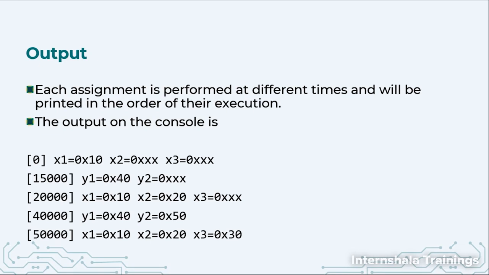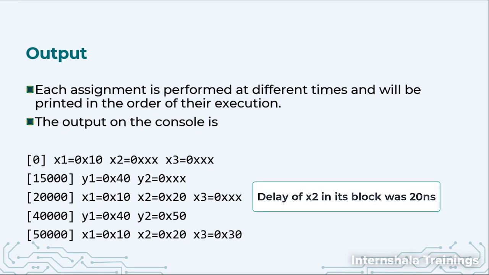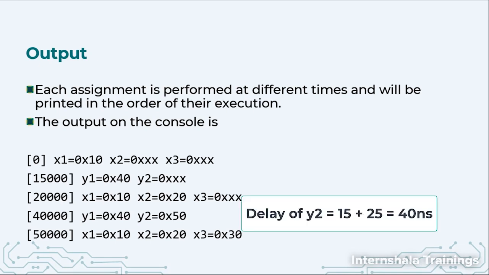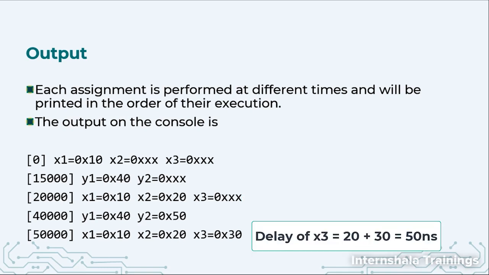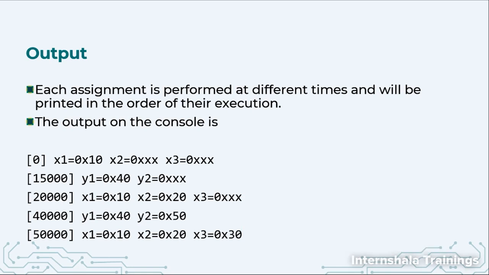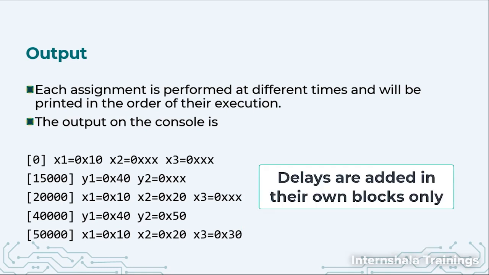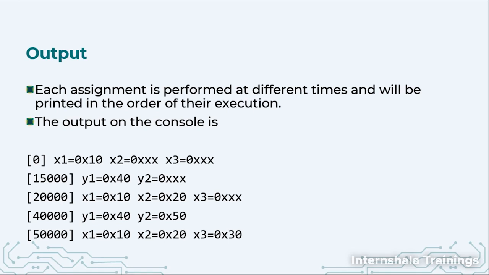Then it was x2, so x1 is 10, x2 is defined as 20, x3 is undefined. Then 40 was for y2, and then we have another 10 nanoseconds and we get all the variables defined. Please remember, these delays get added and we get the total delay by the time we reach the last assignment.